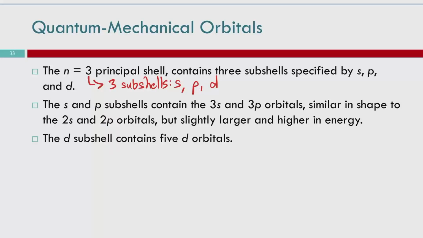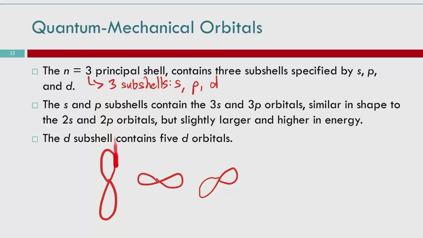I can't do dumbbells with my hands. All right, so we just have bigger dumbbell shapes. We've got the vertical one, we've got the sideways one, we've got the in and out one. They're just bigger dumbbells. Bigger dumbbells for higher energy.